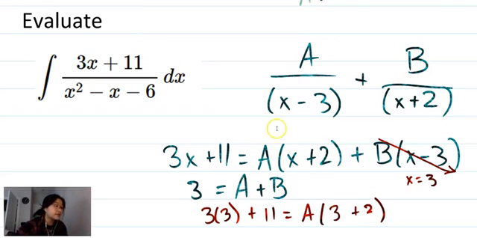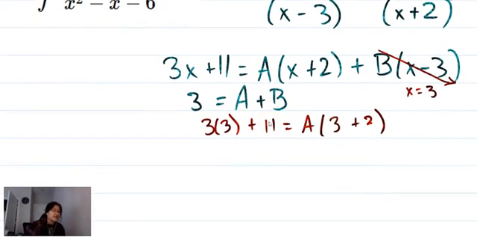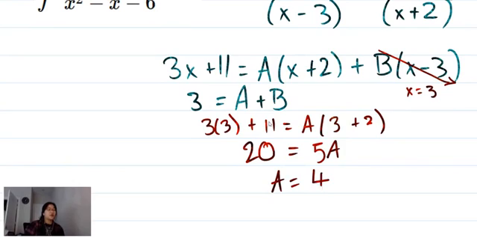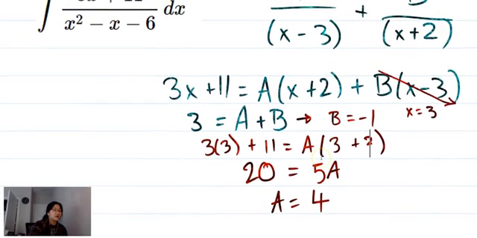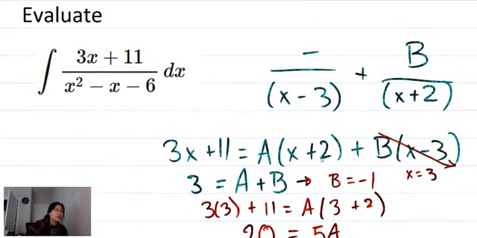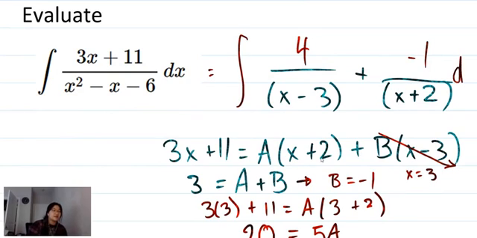So then 11 plus 9 is 20, and that equals 5A. So A is 4, and that means that B is negative 1. So we have our partial fraction decomposition with 4 and negative 1. And so we need to integrate that.